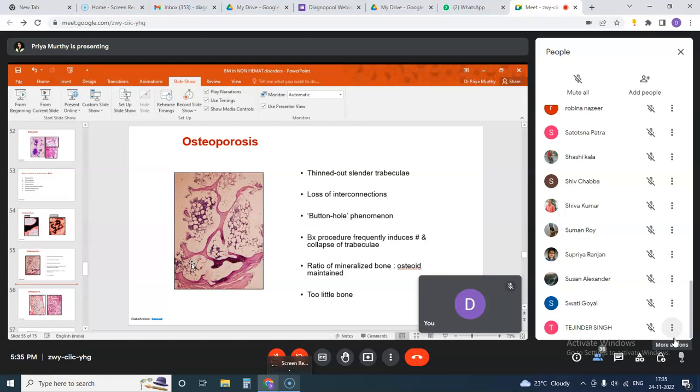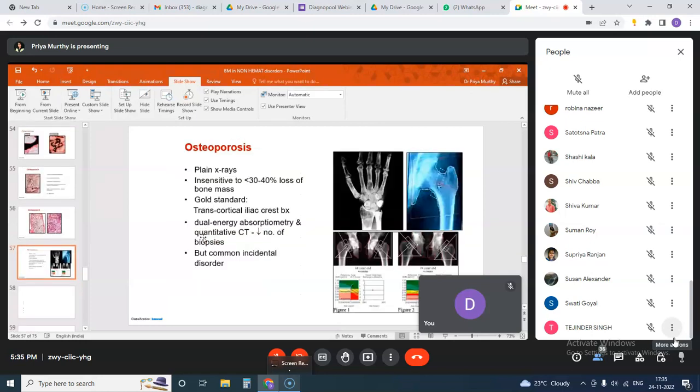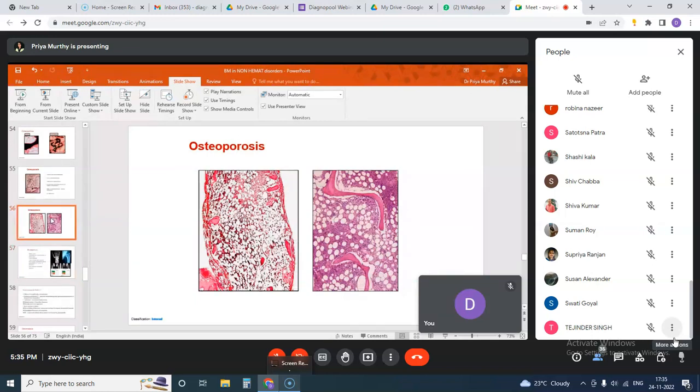So when you're doing the biopsy itself, it feels as if the needle is going into butter. And these patients are more prone to pathological fractures. What you find is there is too much marrow and very little bone. So this you should remember to diagnose a case of osteoporosis.